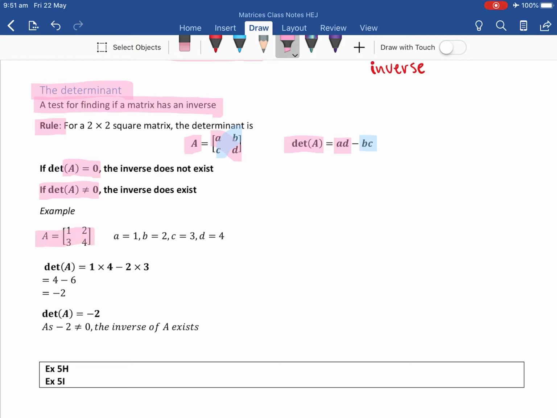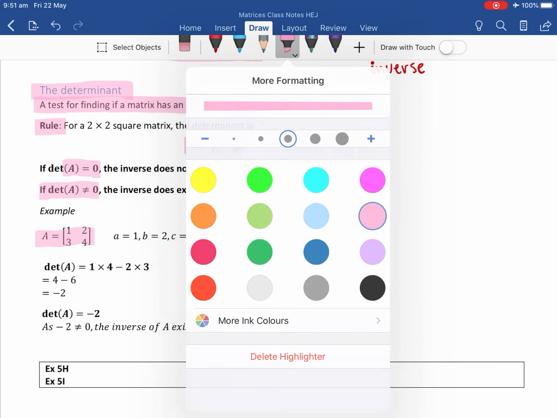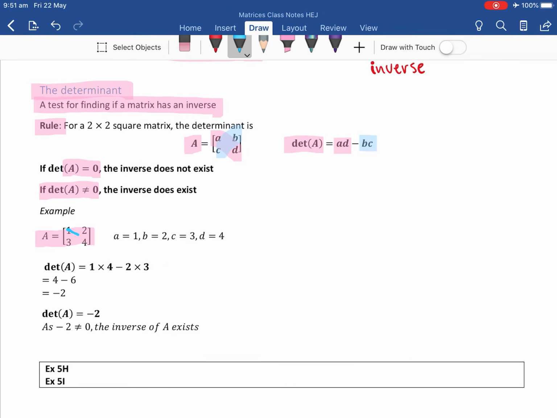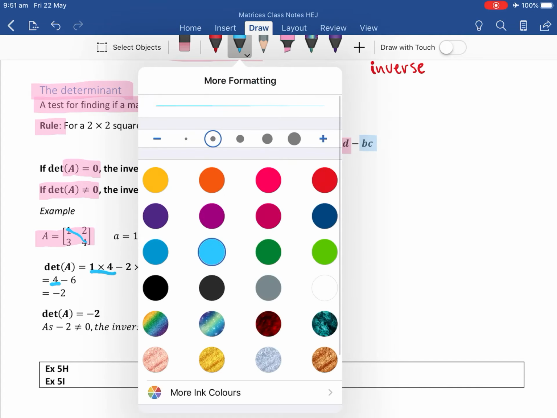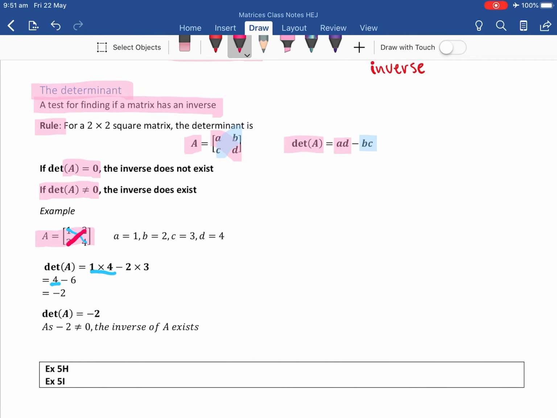So here's an example. A equals 1, 2, 3, 4. To find the determinant, you go 1 times 4, which is 4, and then 2 times 3, which is 6, and then you subtract, so 4 minus 6 gives you -2.